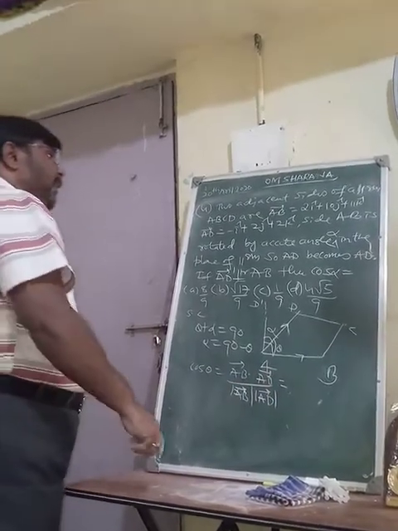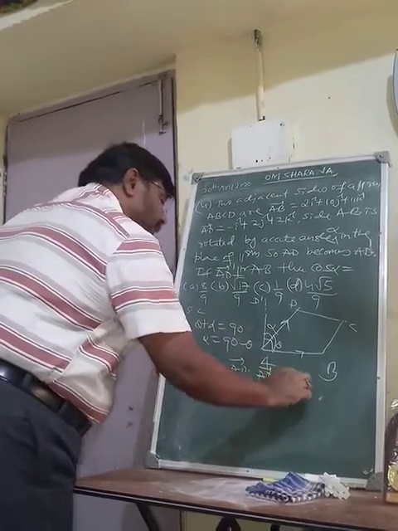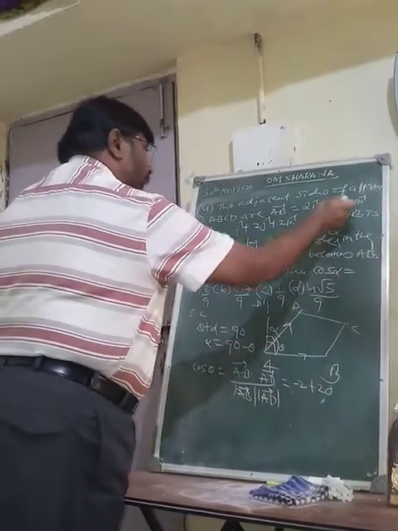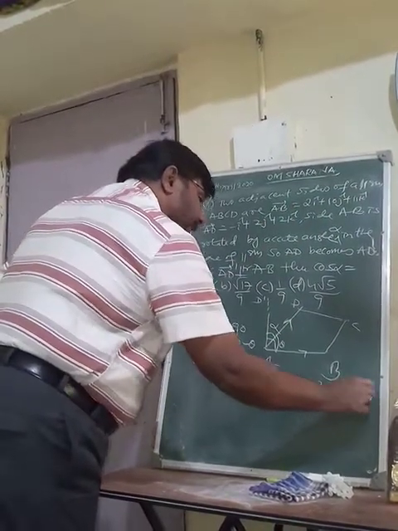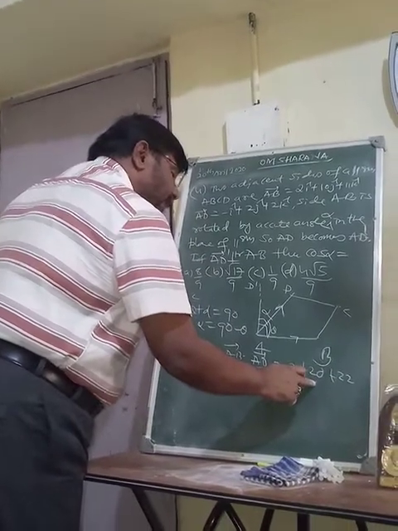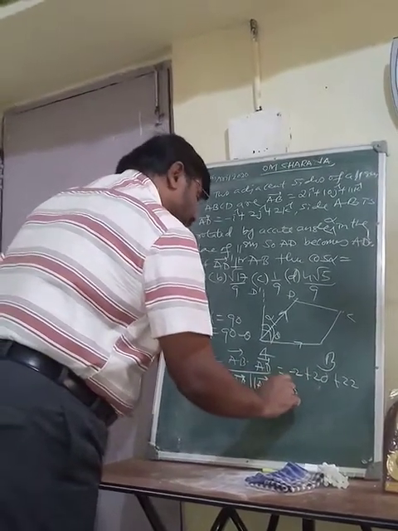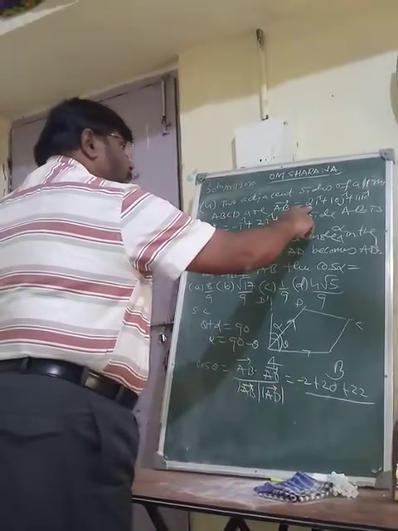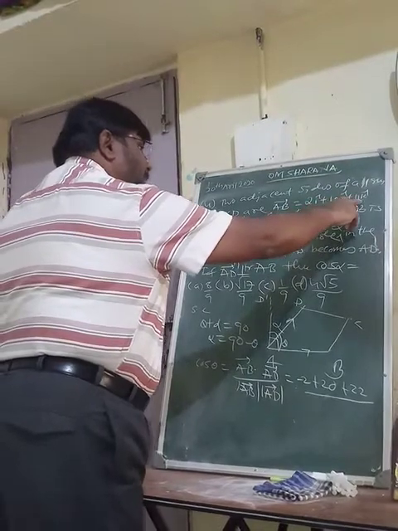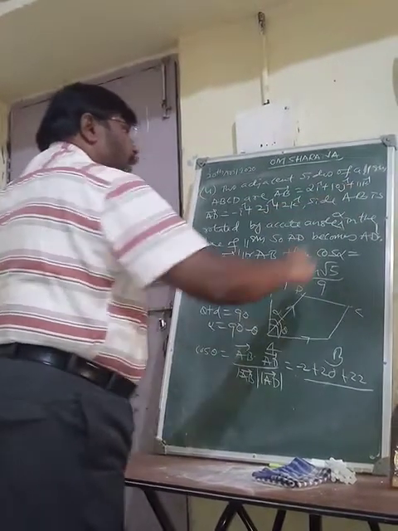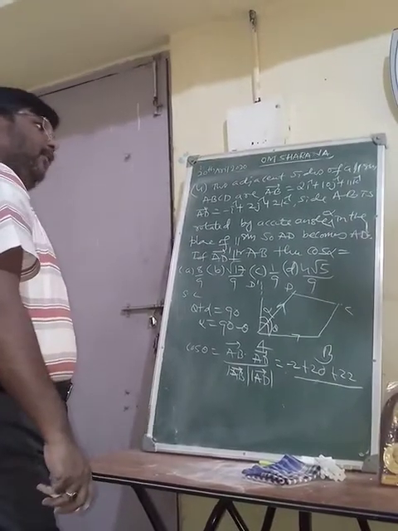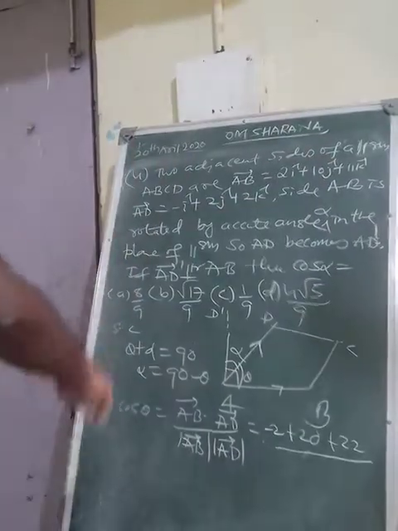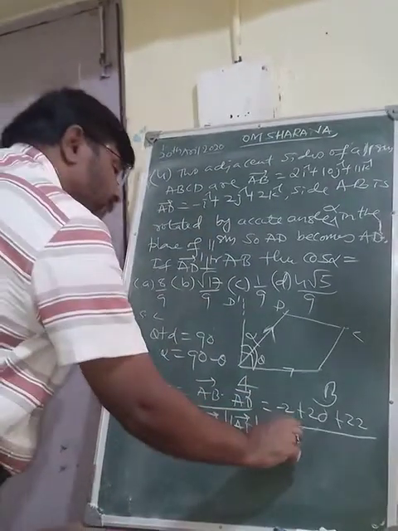AB dot AD: 2 times minus 1 is minus 2, 10 2s are 20, 11 2s are 22. 20 plus 22 is 42, minus 2 is 40. Divided by the magnitude of vector AB, square root of 4 plus 100 plus 121. 104 plus 121 is 225. Square root of 225 is 15.